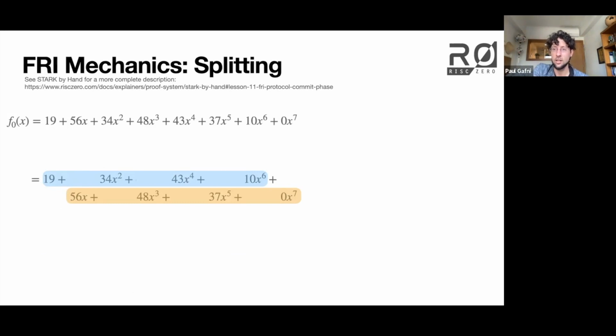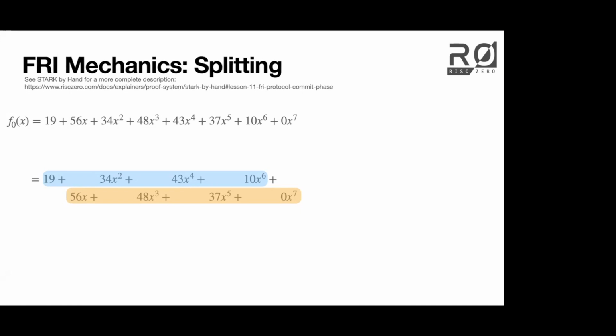An even polynomial has the property that f of x equals f of -x, and an odd polynomial has the property that f of -x equals negative f of x. We're making use of that in order to do this local operation. And there are analogous statements that are more complicated but true when you split by 16 instead of by 2.